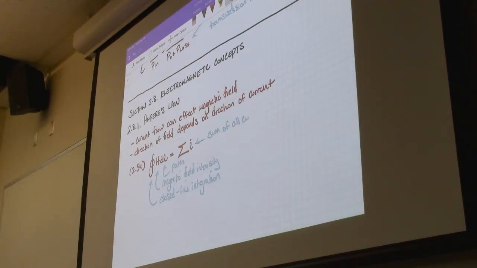As vectors? No, as actual values, because we're looking at this in a space, like a 2D space or 3D space. It's the current flowing through. Well, let's take a look at the example, and then I think it'll make things more clear. Okay.